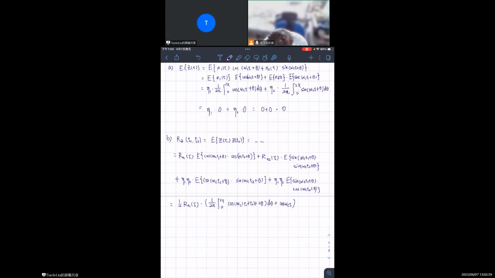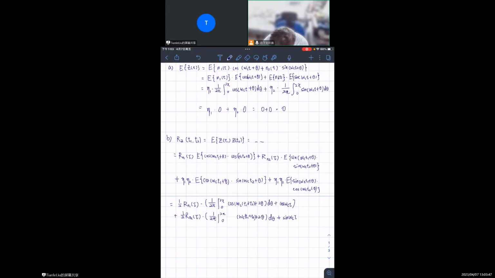That's one part for R_N1, and we can also write out R_N2, with the plus 2 theta d theta terms. Wait a second, I think I wrote it wrong.